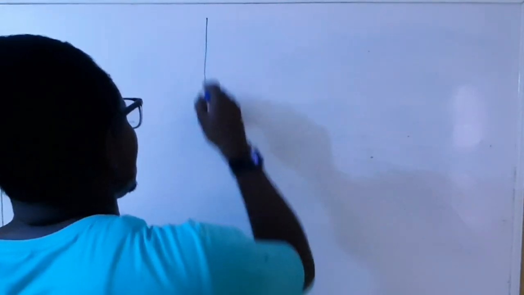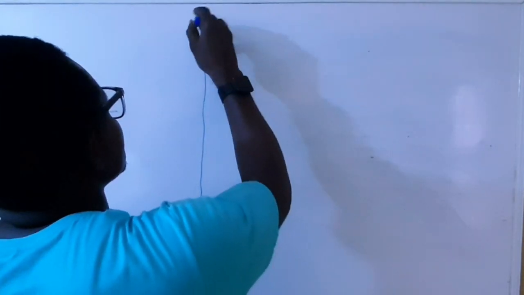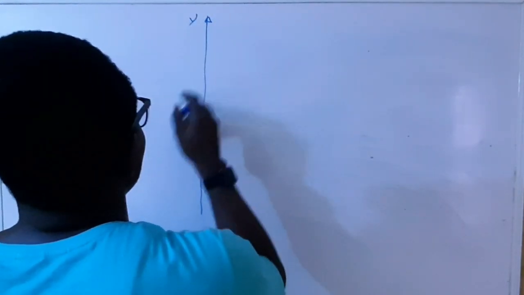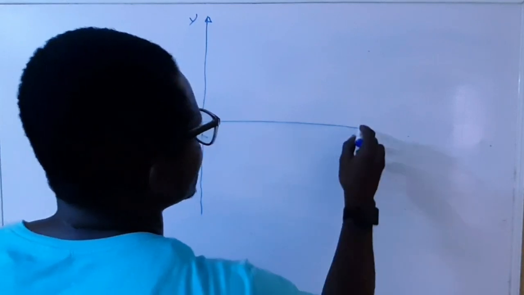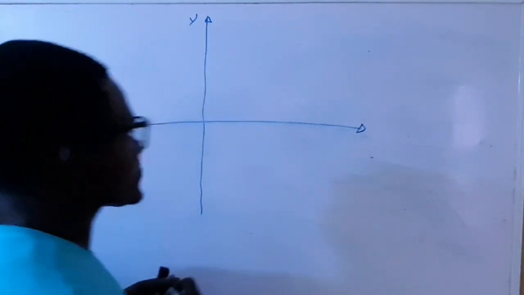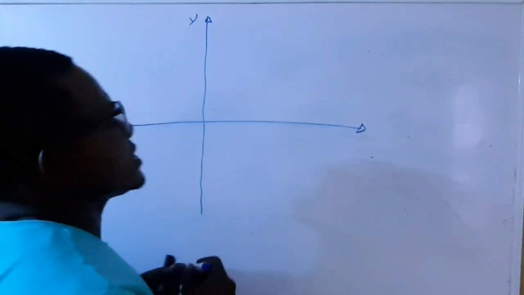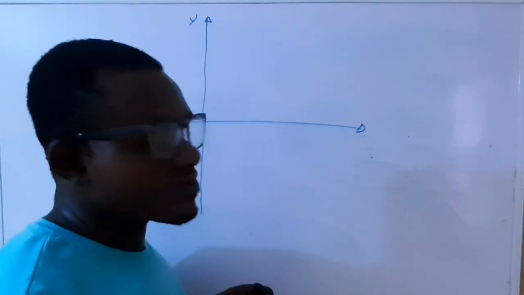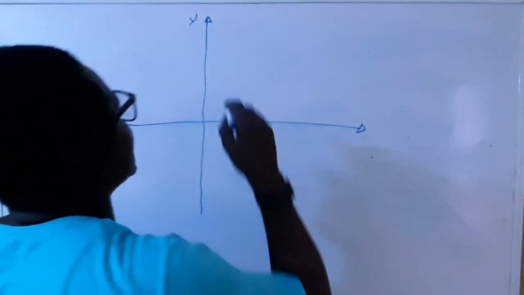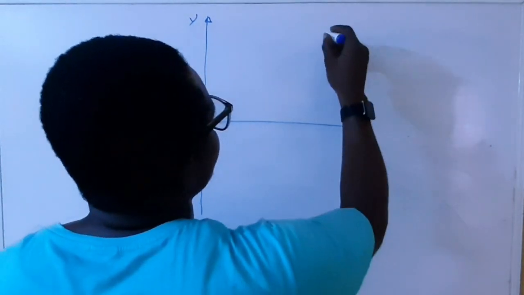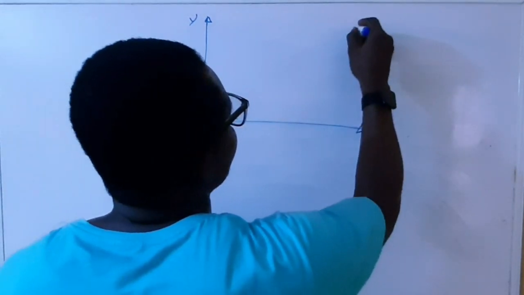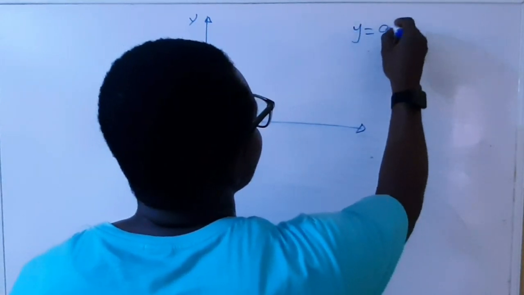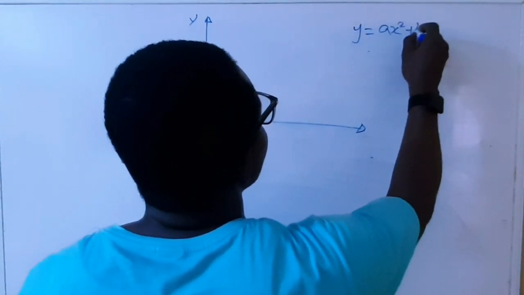Let's say I have my y-axis, this is the y-axis, and this is the horizontal axis. Then plotting your graph, let's say for instance we are plotting a graph of a quadratic function, that is in the form of y equals ax squared plus bx plus c.